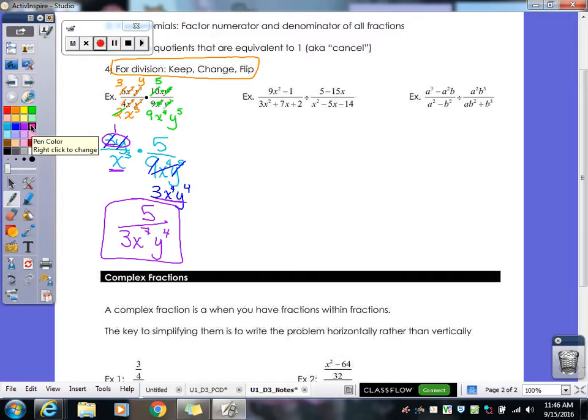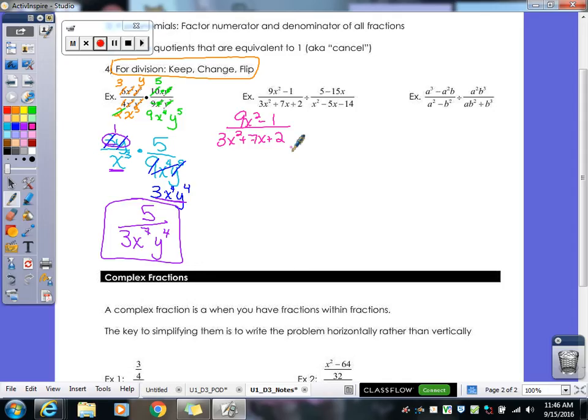Now, if you have examples like the next two where you have binomials and trinomials, you've got to factor first, and then you can start canceling stuff. Now, this one is also division, so I need to do keep, change, flip. So I'm going to keep my first fraction exactly the way it was, so I just rewrite that first one.